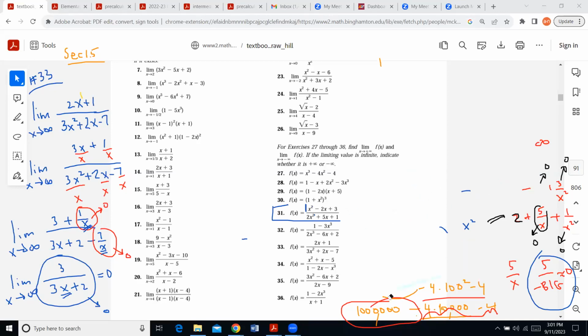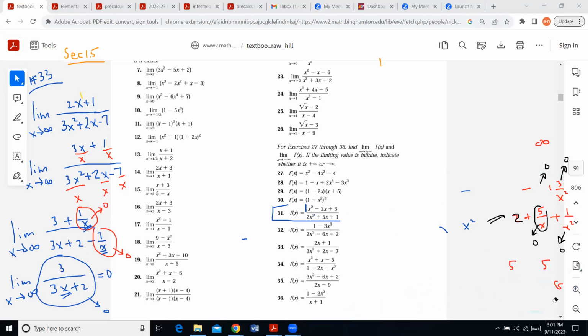Or if the denominator has a bigger degree, or we say it's dominating, like in the couple of problems we just saw after that. So this is like the exercise where we had a denominator like 34, for example. I see x squared here, but the biggest power here is x cubed.